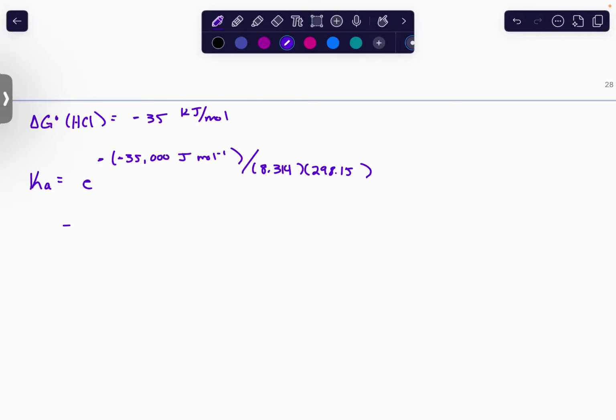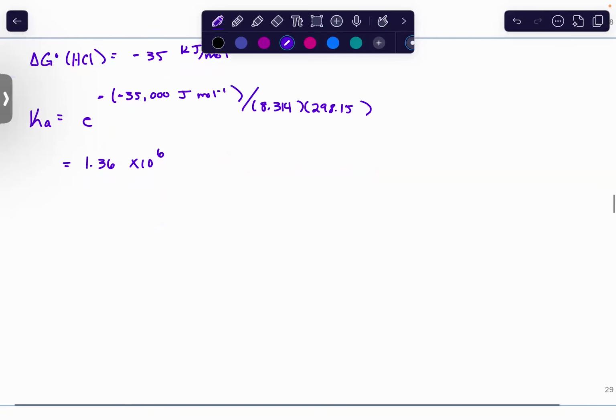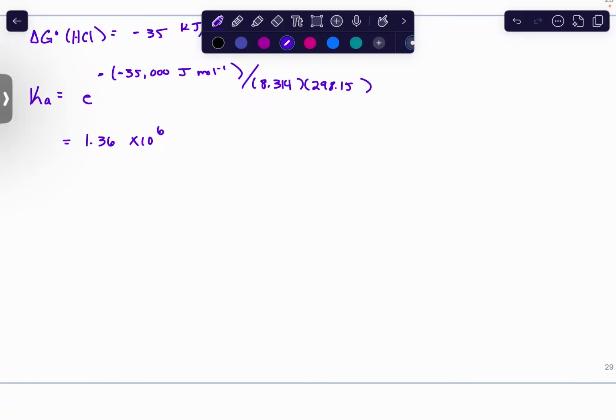This is going to give us a Ka. Now, just by itself, a Ka on the order of 10 to the sixth, that's a really strong acid. But as in most papers you read, you will like to look at the pKa of the system. So if I take the negative log of the Ka, I get a negative 6.13 for hydrochloric acid.